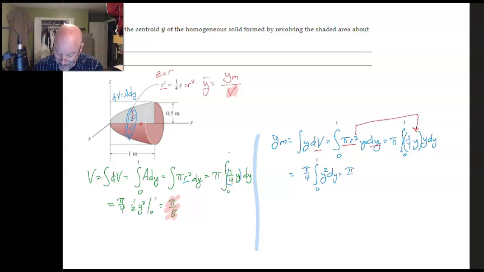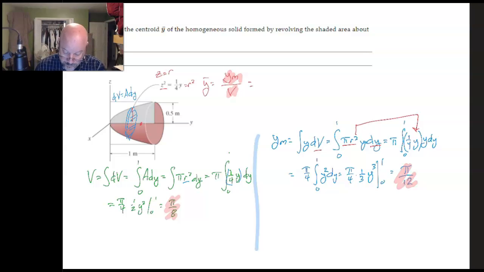That becomes pi over 4 times y cubed over 3, 0 to 1. So what we end up with is pi over 12. And then this is what we're going to use up here.